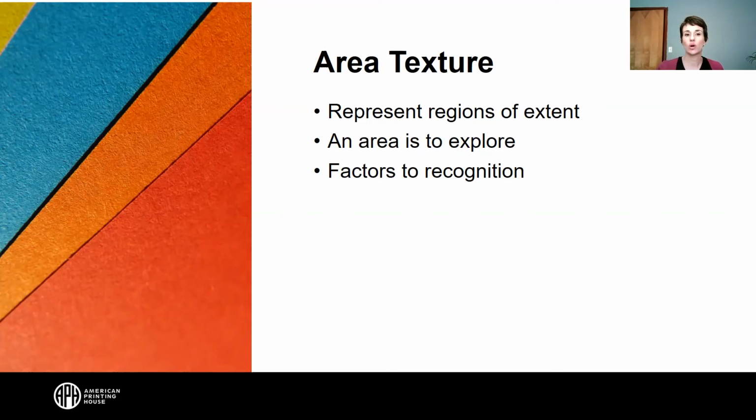So be sure not to use something so overpowering that the other materials get drowned out. Factors to recognition: variations in height, difference in density or textures of patterns, and a line or white space between areas if needed.